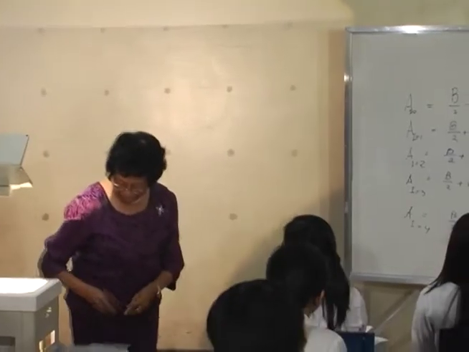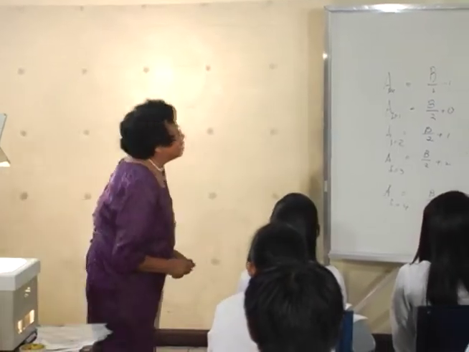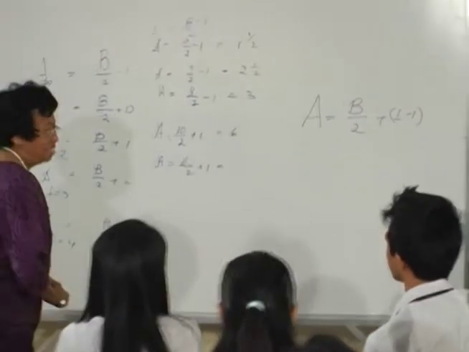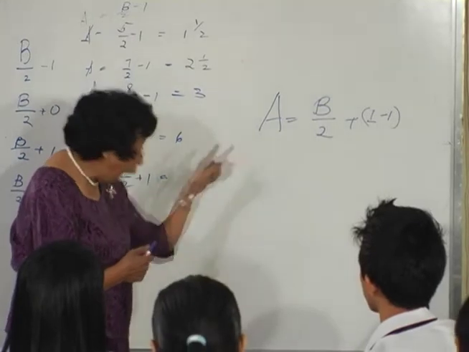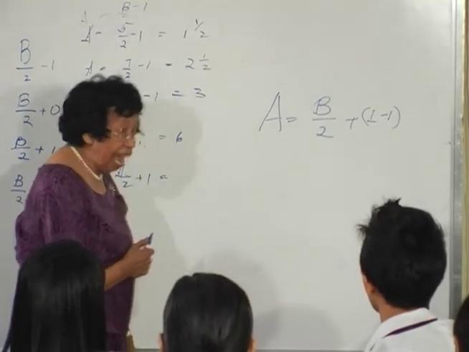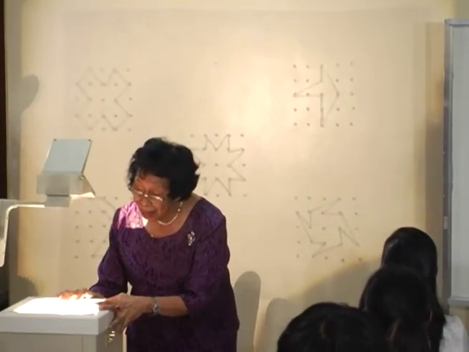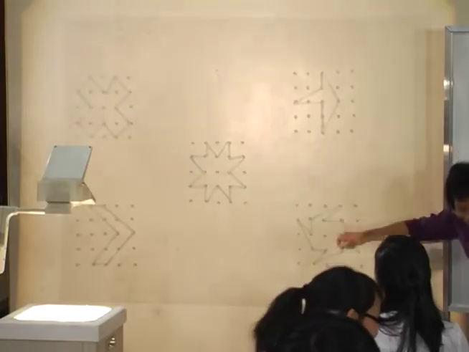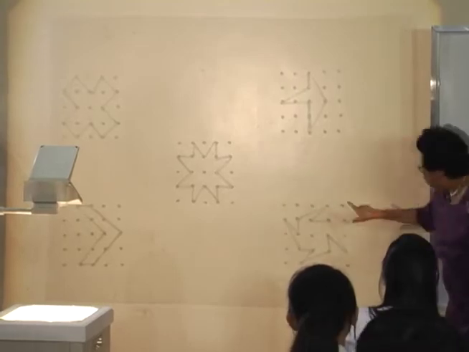That's the formula. The formula is, in words, the area of a plane figure in a matrix of points is equal to half the boundary added to 1 less than the interior. Can you get this? Beautiful now, right? All right, write down your answers. 1, 2, 3, 4, 5.